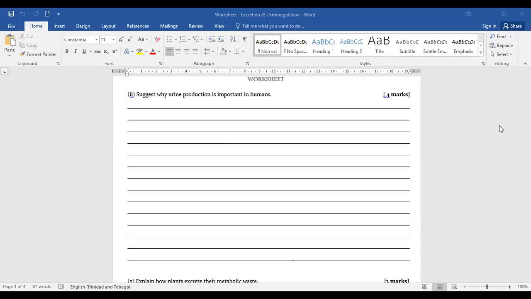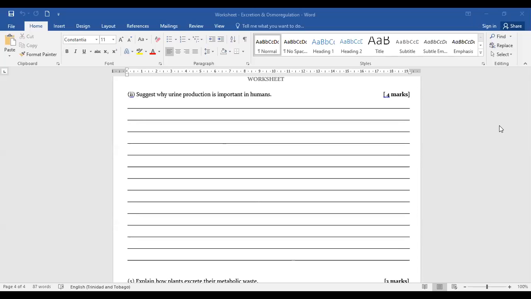So urea is the less toxic form of ammonia. Your body needs to break it down and get rid of it, because if left in the body, it becomes toxic. So very good. All that is reason why urine production is important. And don't forget the most important thing: osmoregulation.